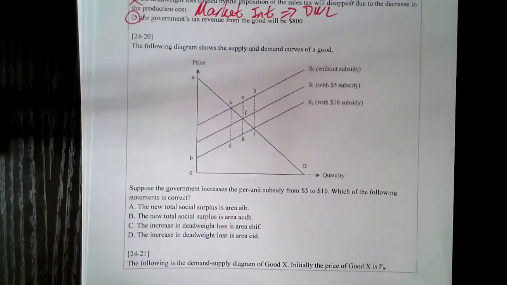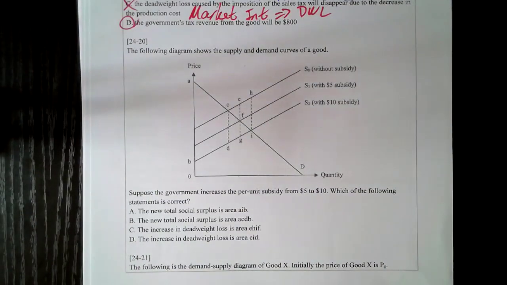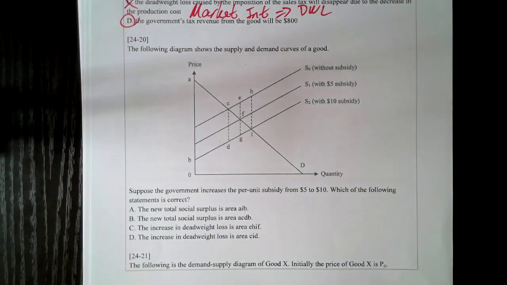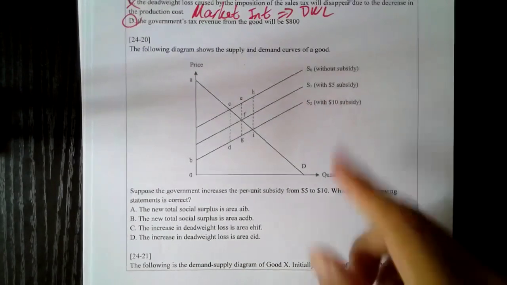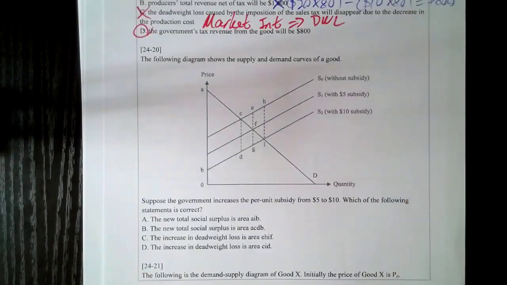Okay, page 27. Here. Then we move on to the short questions and long questions. Page 27 here, question 20 of 2024. Again, I don't have the percentage here, for obvious reasons. Here S0 is without subsidy, then with subsidy, more and more subsidy.